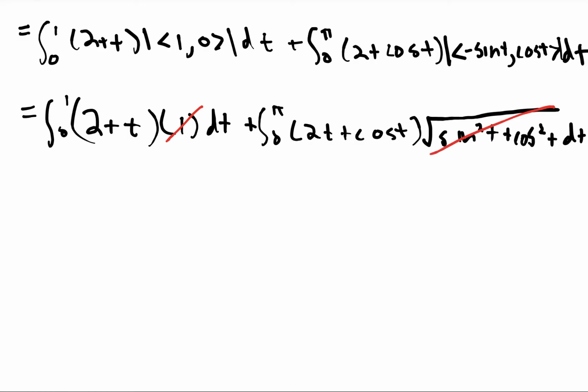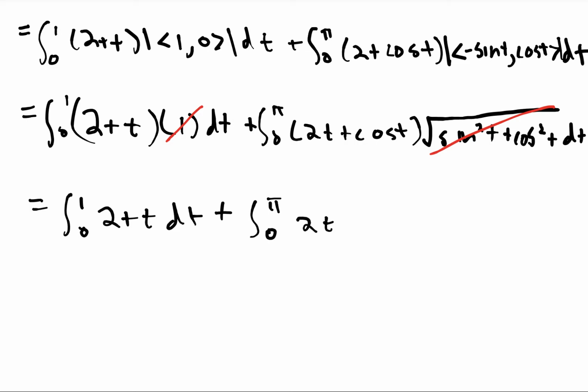Basically, both of those in this particular example, they didn't really do anything, right? So we are just worried about taking an antiderivative of 2 plus t dt plus its integral from 0 to pi of 2 plus cosine t dt. Okay, so both of these are now single variable integrals. This is pretty standard calculus 1 type stuff.